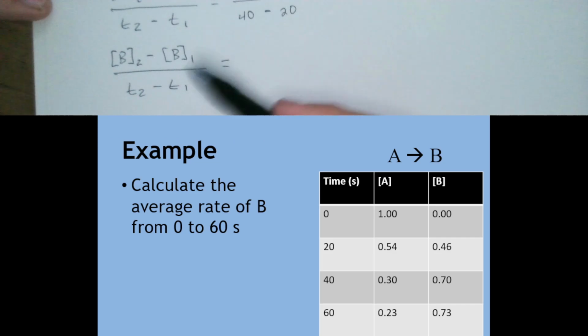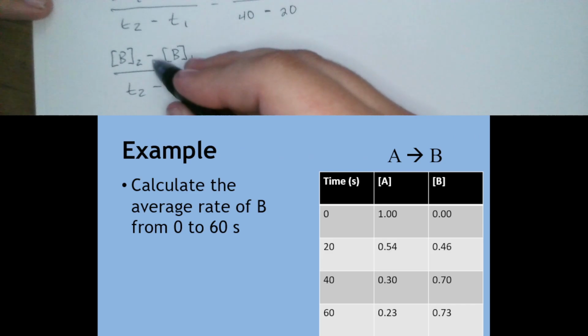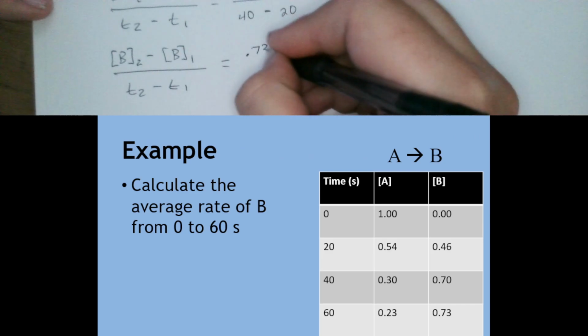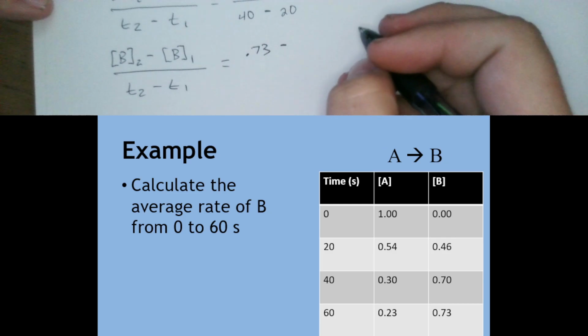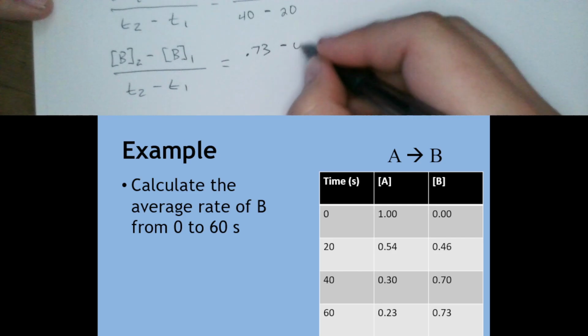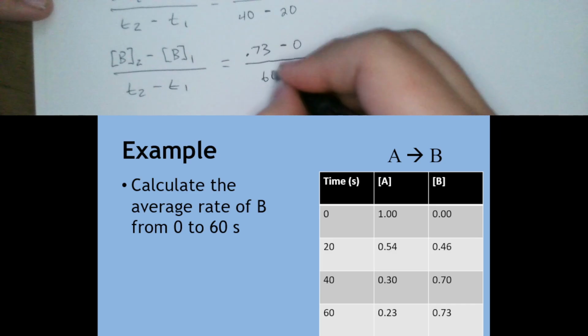We just have our dependent variable over our independent variable, just like you do in math. Plug in my numbers. B at time 2 would be at 60 seconds, that I get 0.73, minus at 0 seconds it was 0, divided by 60 seconds.